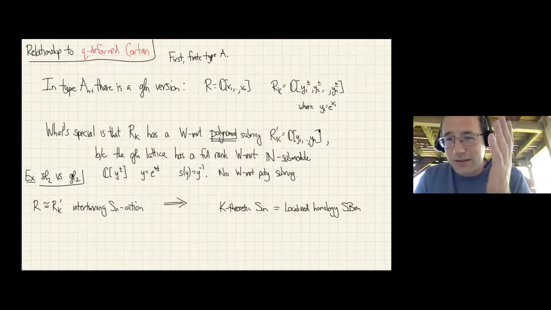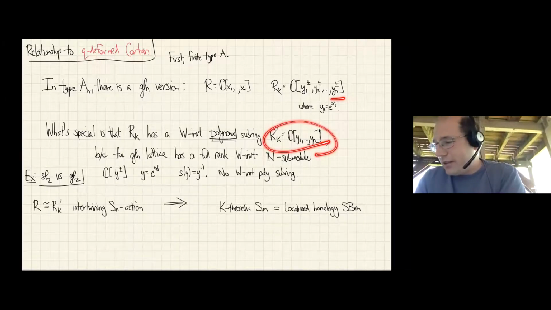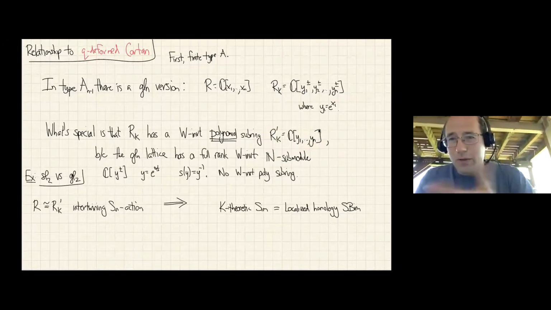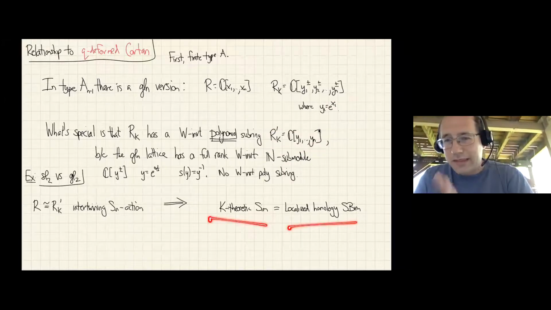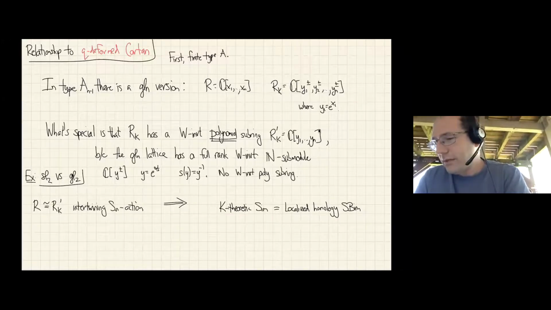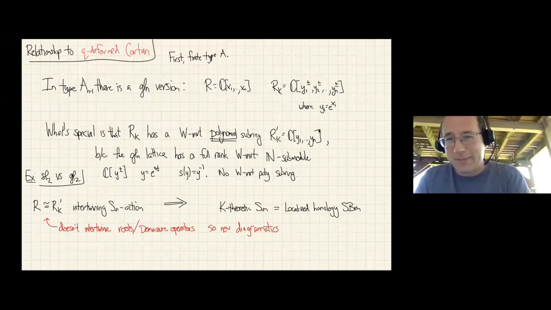So there's no difference between K-theoretic Soergel bimodules and ordinary homology Soergel bimodules where you invert some variables in type A for GLN. Of course, this doesn't preserve roots and coroots, and your Demazure operators are different, so you get different diagrammatics, but it's the same category.